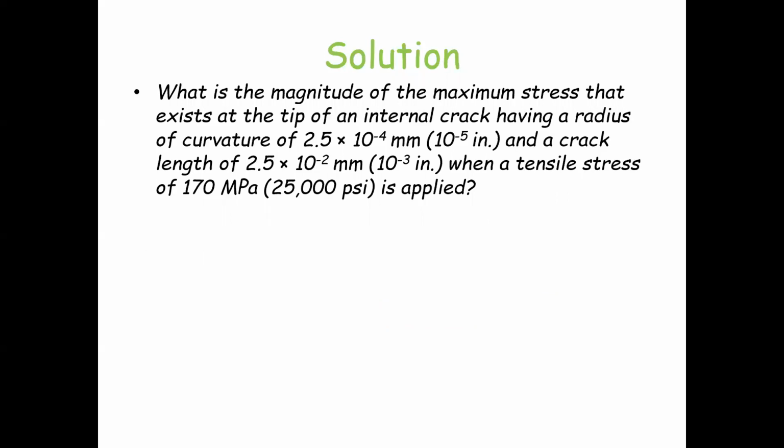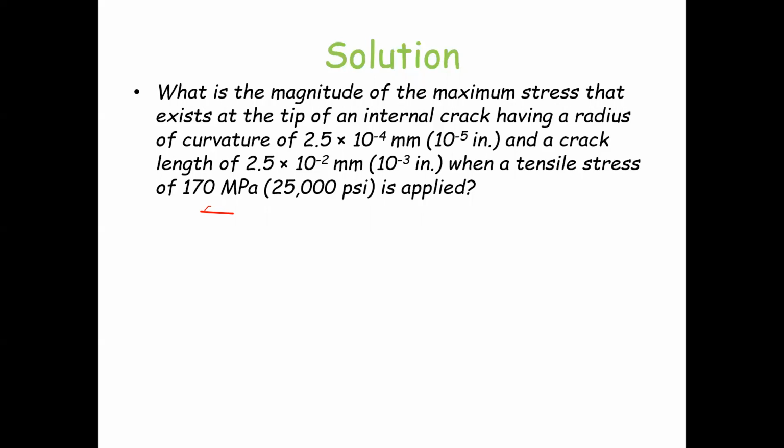So here's the solution. We are given that the applied stress is equal to 170 megapascal, and sigma m is the stress at the crack tip that we are going to solve for in this question.